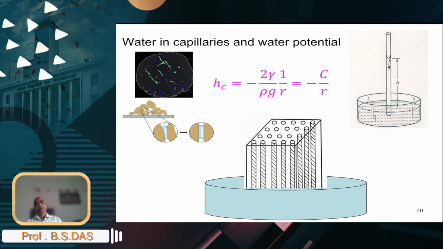Depending on the radius of the pores, you should be able to say to what height water would rise into the capillary tube at equilibrium, because this happens when the upward capillary pull and the downward gravitational pull hold the water inside the capillary tube at equilibrium. So there is a hydrostatic equilibrium condition.